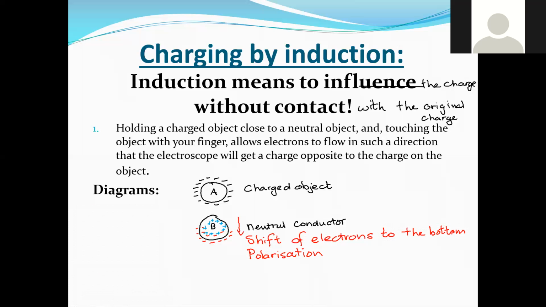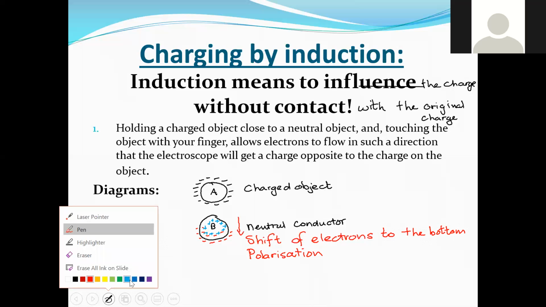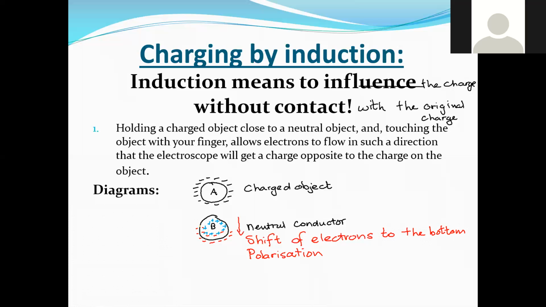Okay. Now, to charge by induction, if you take your finger and you touch B, there, where the electrons have been pushed away, there's a shortage of electrons. But at the bottom, there's an excess of electrons.